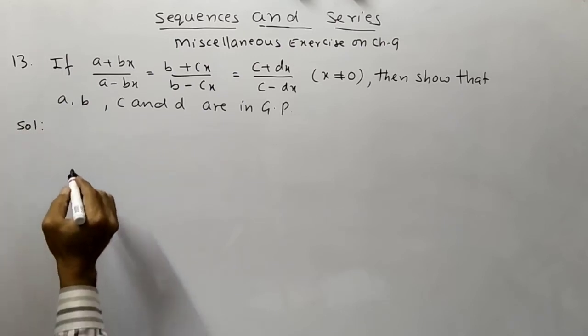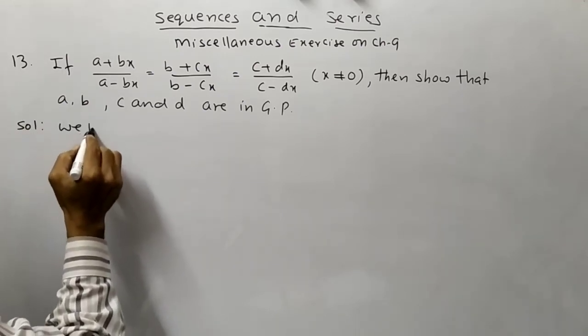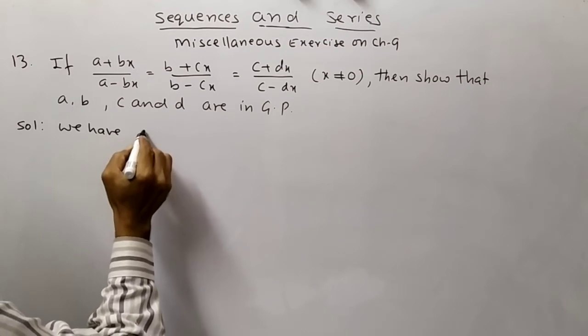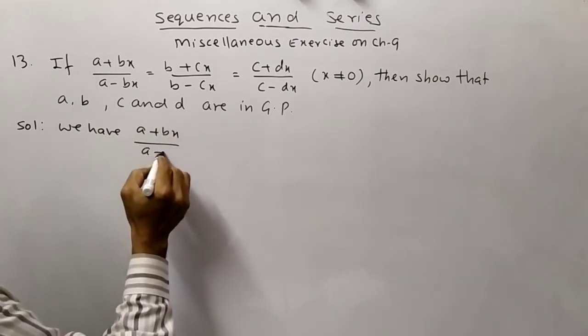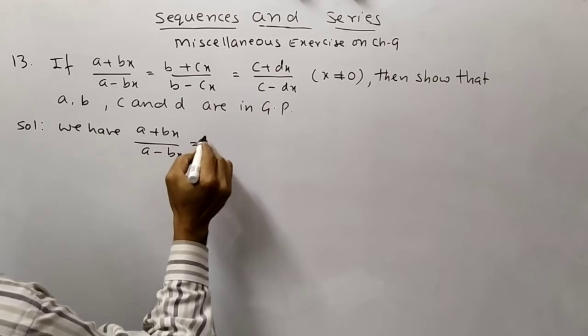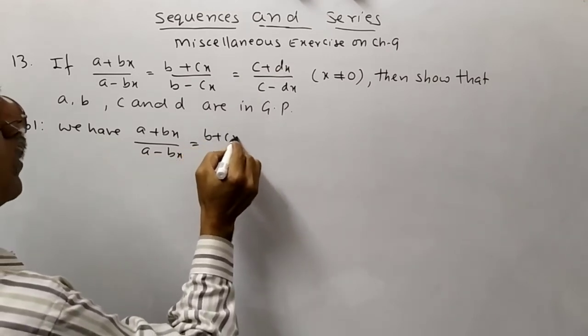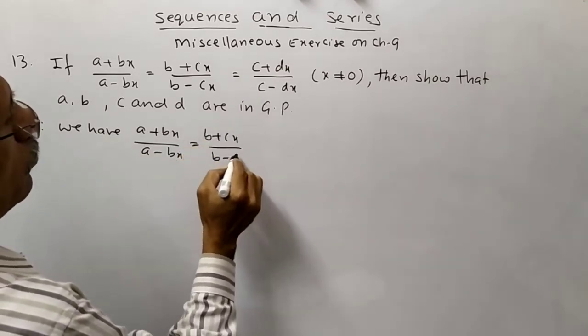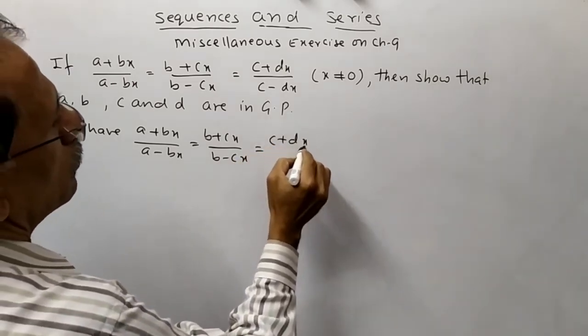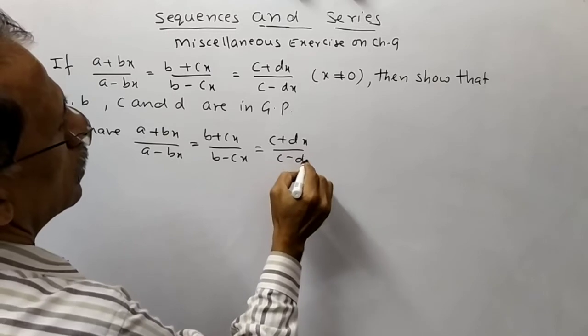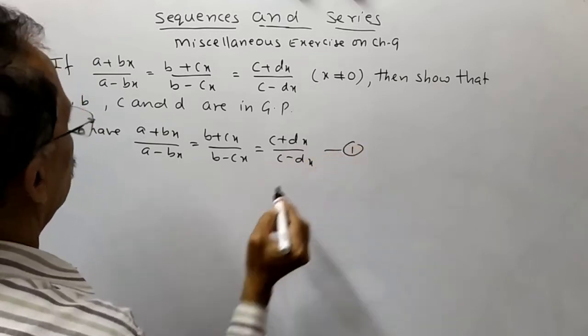Solution. We have a plus bx divided by a minus bx is equal to b plus cx divided by b minus cx is equal to c plus dx divided by c minus dx. Say number 1.